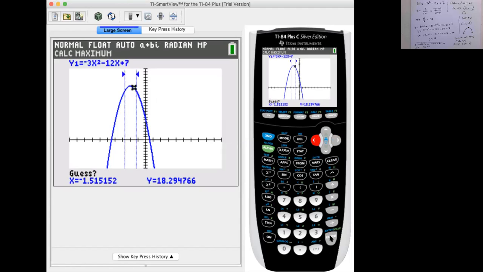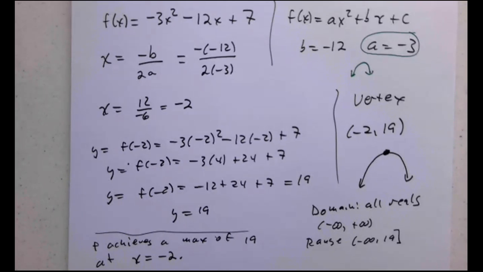Hit enter, and it'll give us our maximum value. So maximum occurs at x equals negative 1.999999. Of course, that's supposed to be negative 2 with a maximum y value of 19. So that reinforces what we did on paper regarding our vertex, regarding our domain and range, as well as regarding the fact that it's a maximum at that value.